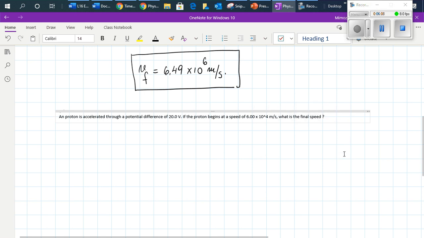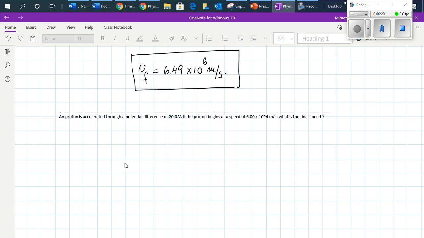Let's just delete this. Okay, so now we have a different situation in which the kinetic energy initially is not zero, it has a certain value.